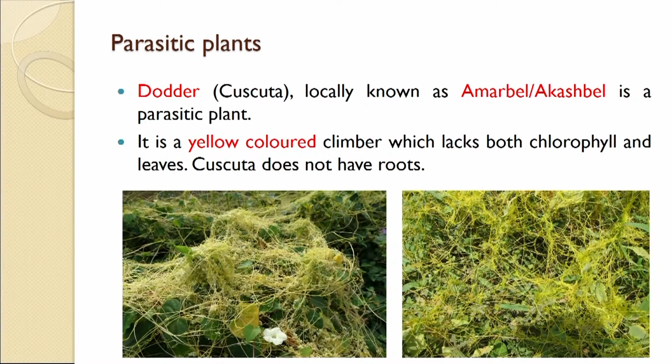Here they circumvent a plant which is called the host, and from their body the cuscuta produces the haustorium. This haustorium pierces the plant phloem, and from this phloem the cuscuta takes up the nutrient from their host body. Therefore they are called parasitic plants.